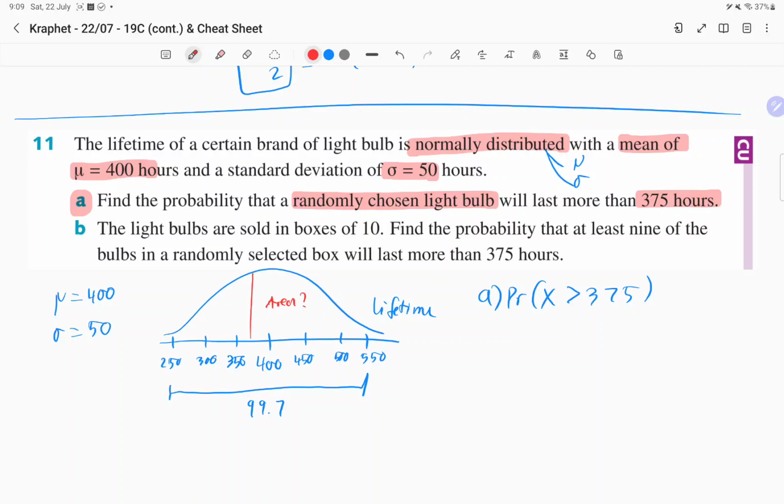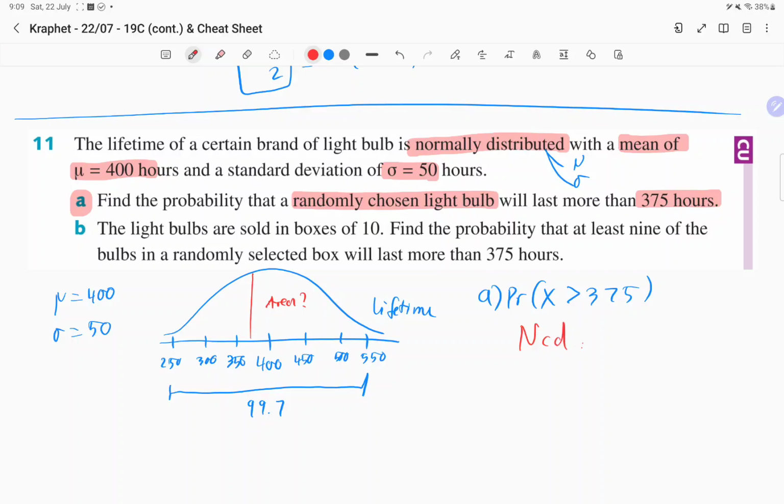Okay, and this one is just norm. What's the function? In the calculator, is it going to be distribution normal? Yeah, it's going to be NCD. NCD, correct. The function is NCD. What are the parameters?